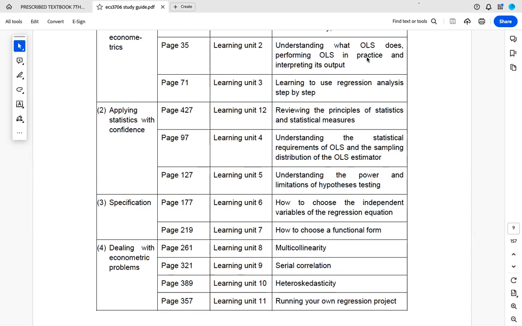But with ECS3706, I think I will just take you through the module, and as I'm speaking, giving you these lectures and these discussions, you can be taking your own notes, maybe writing them down. But it's not a module where you need to rely on just notes.